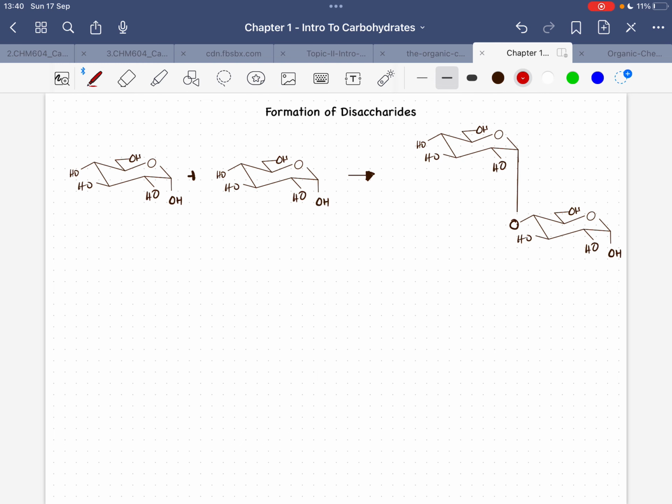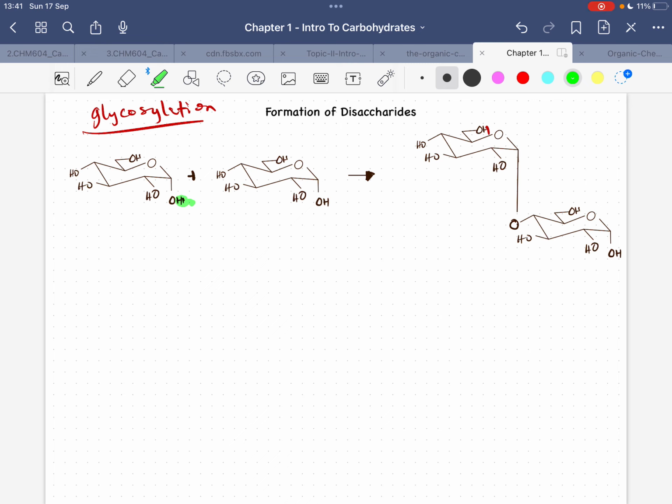So how do disaccharides form? Disaccharides form by a process called glycosylation. In glycosylation, you are just joining or coupling together two monosaccharide units. And in basic chemistry, like in some biochemistry textbooks, they would show you that this is just a loss of water, right?